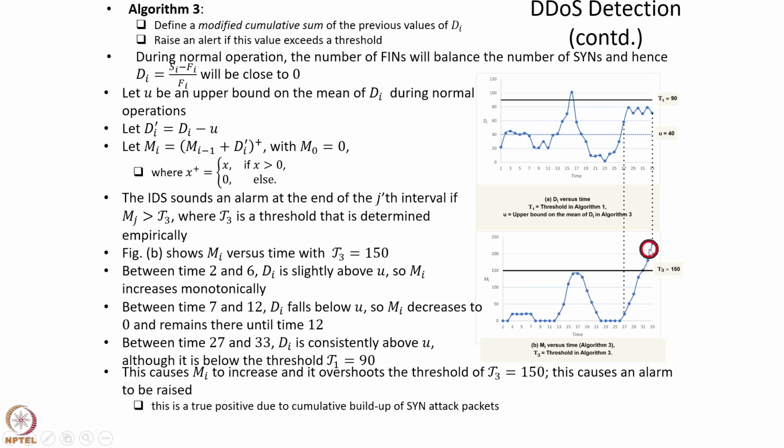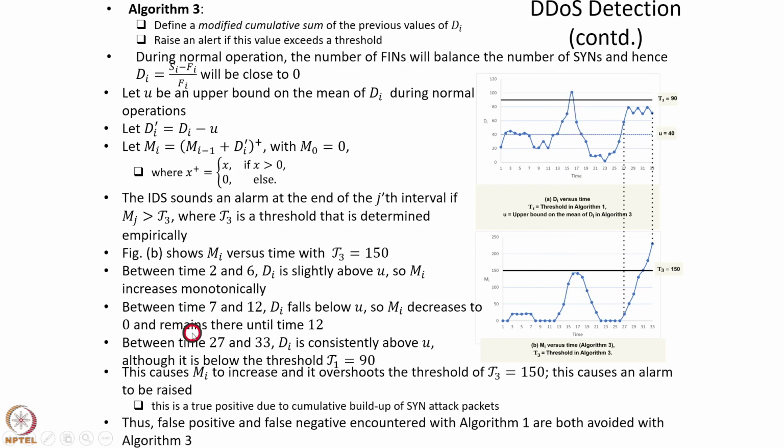So here in this interval, di crosses the threshold of algorithm 1 at only one point, and here we can see that mi is below the threshold of tau 3. So there is no alert raised by the IDS. So there is no false positive for algorithm 3 at this point, even though there is a false positive for algorithm 1.